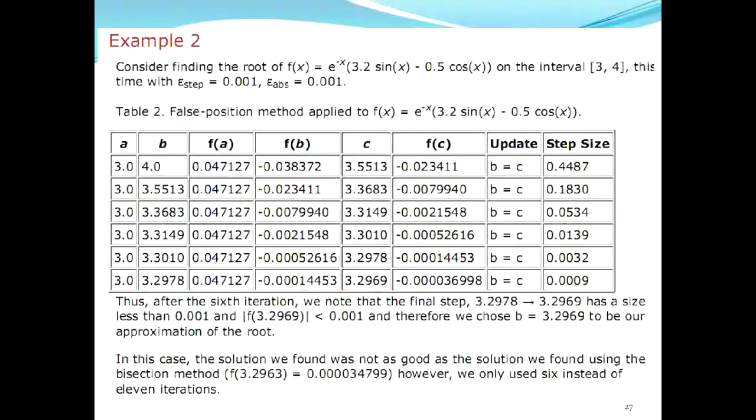Construct the table, and you can see that after the sixth iteration the step size becomes less than the epsilon tolerance. So your root starts to appear from the 7th iteration.